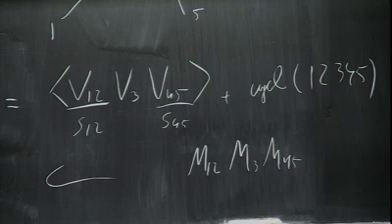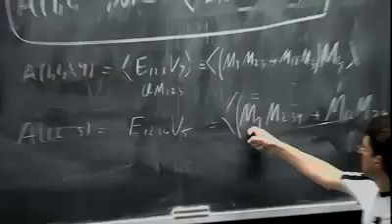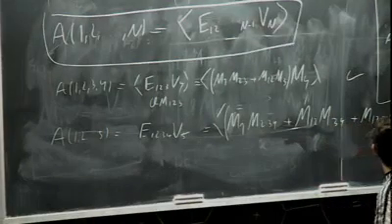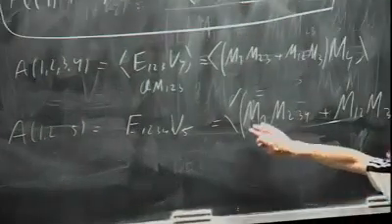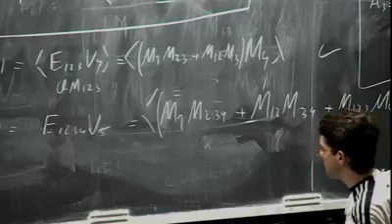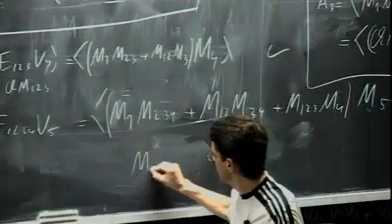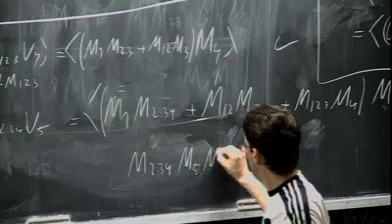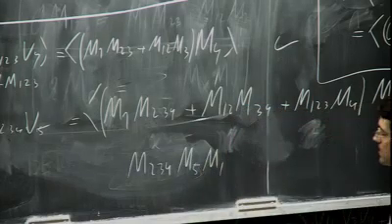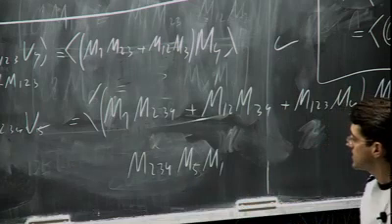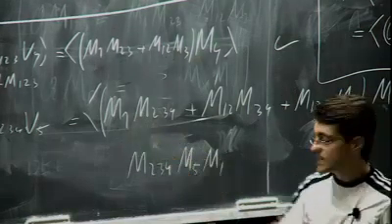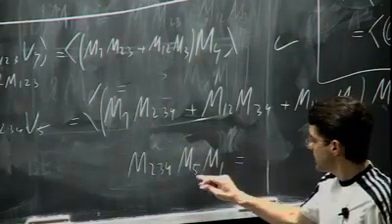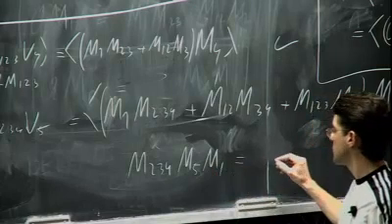Why? Because, for example, look at this term, M1 M2,3,4, and then there is this M5. So let's move this M1 down there. So you get something like M2,3,4 M5,1. But M5,1, now that we are in 5-point kinematics, this guy is E51.